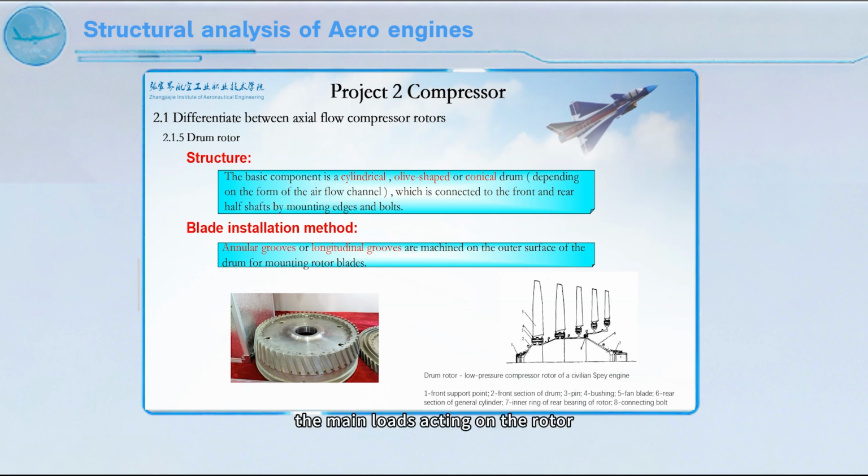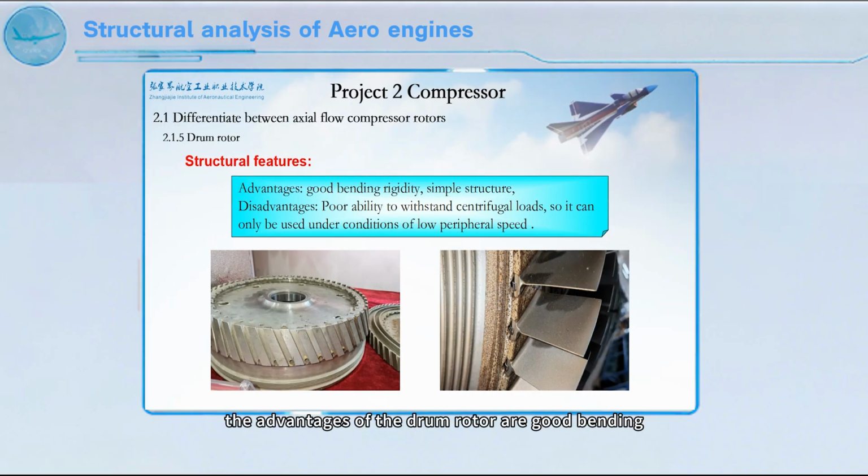The main loads acting on the rotor, such as centrifugal force, bending moment, and torque of the blades and drum, are all borne and transmitted by the drum. The advantages of the drum rotor are good bending rigidity and simple structure, but its ability to withstand centrifugal loads is poor, so it can only be used under conditions of low circumferential speed.